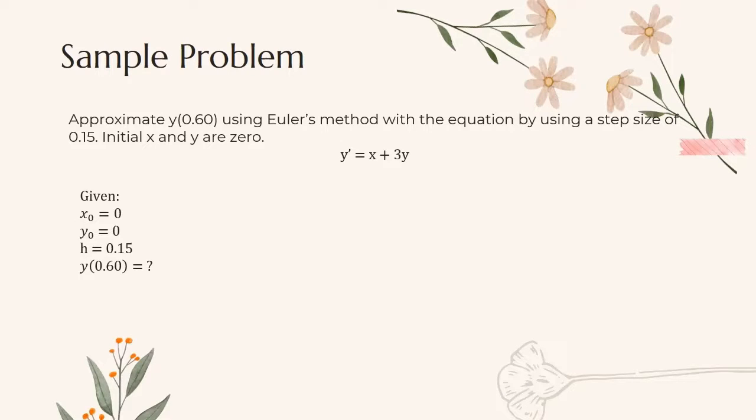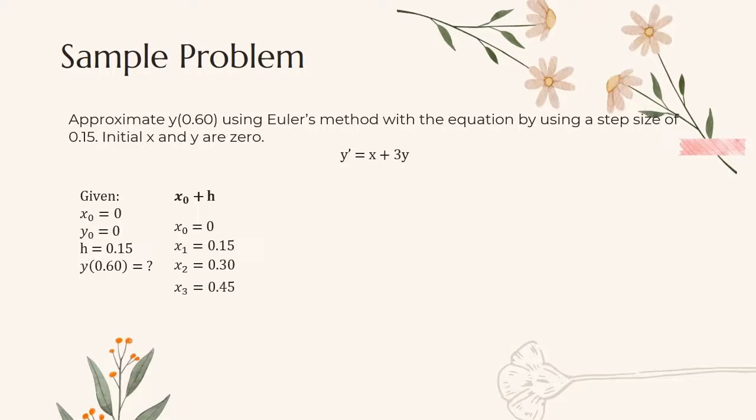So let us solve first the values of x by using the formula x plus h. Starting with x sub 0 is equal to 0, x sub 1 is 0 plus 0.15 is equal to 0.15. X sub 2 is 0.15 plus 0.15 is equal to 0.30.